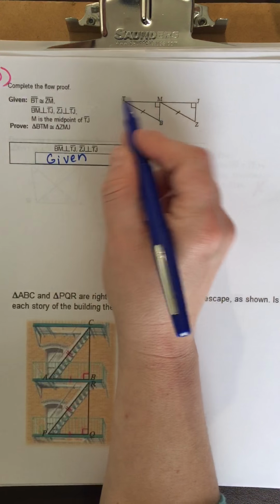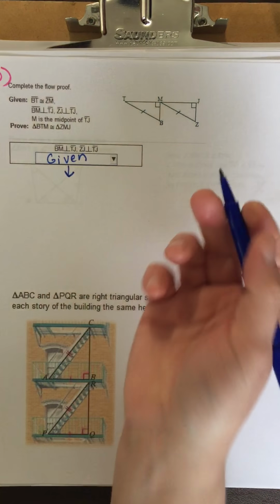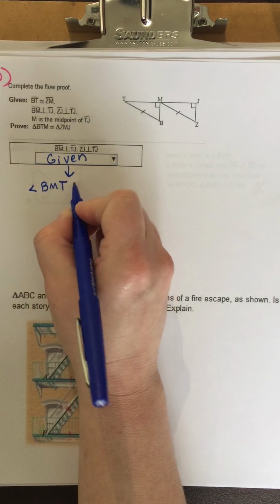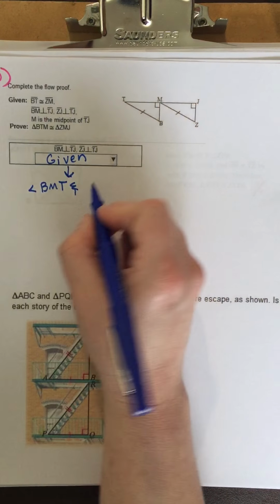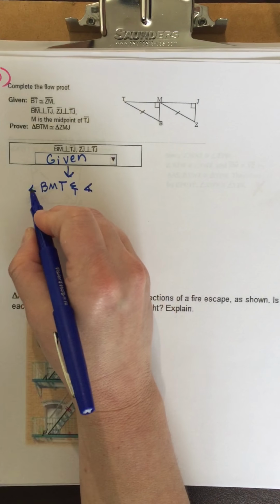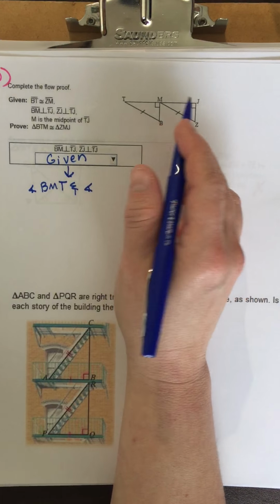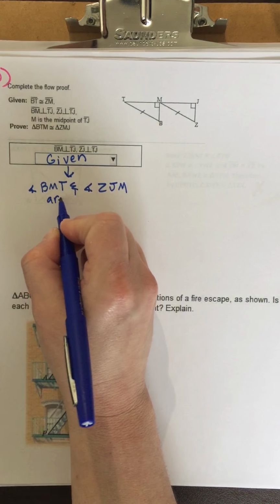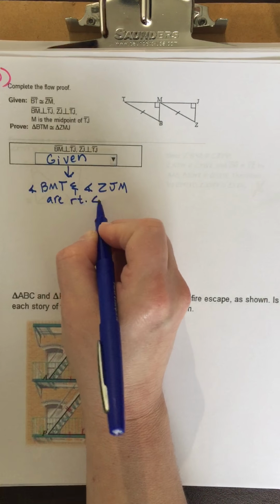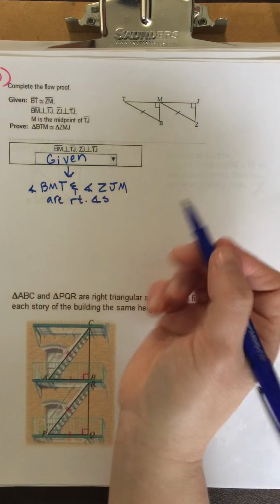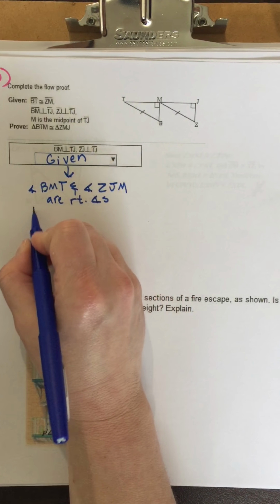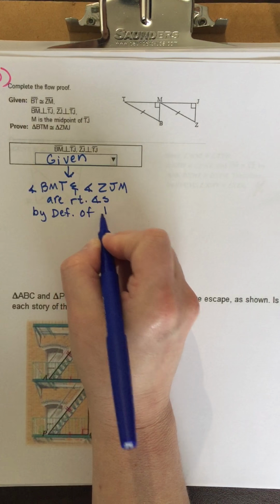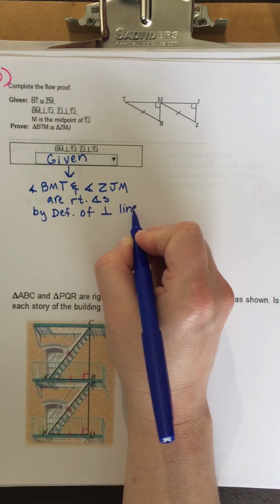Well, if those are perpendicular, then I can say that angle BMT, that angle right here, and angle ZJM are right angles. And that's because of the definition of perpendicular lines. I'm just going to put by definition of perpendicular lines.